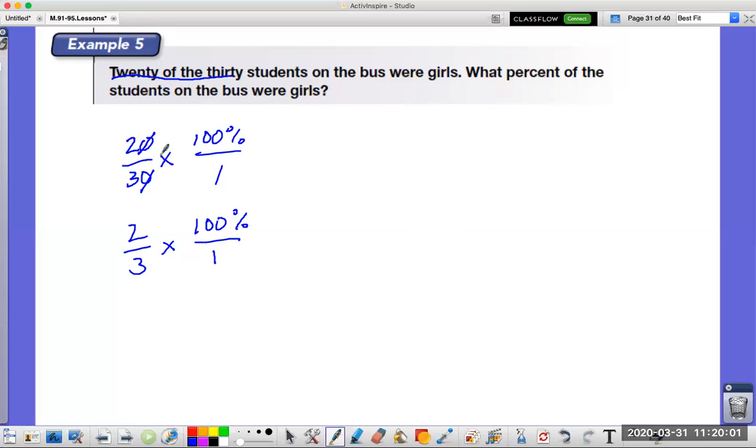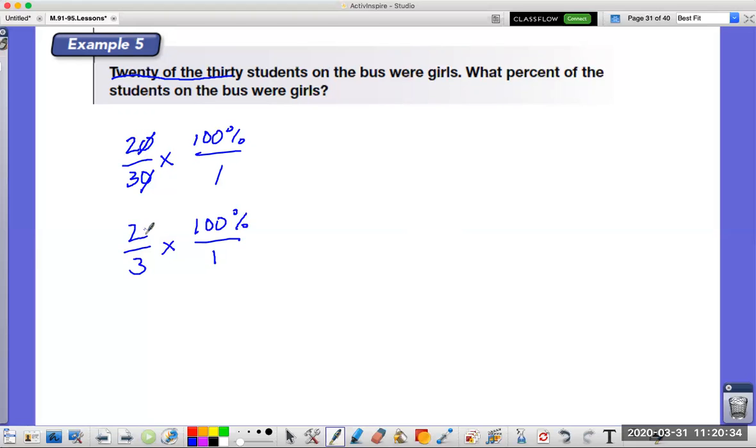But why work with bigger numbers when I can divide both of these by 10 and end up with 2/3? If they were compatible numbers, numbers that were manageable with 100%, then I might not do that. Like if this was 20 here as opposed to 30, then I would see that 20 will go into 100, and I can break that 100 and that 20 down, but it's not. So if they're compatible numbers, that would be the only reason why you might not want to reduce those things.